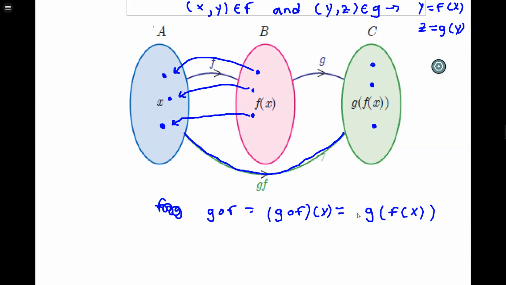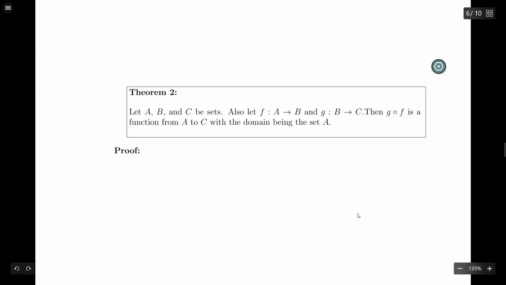But let's move on. Theorem 2 states, and this is where we're going to prove that g compose f is a function. So let A, B, and C be sets. Also let the function f be such that A maps to B, and the function g be such that B maps to C. Then g compose f is a function from A to C, with the domain being the set A. So we need to prove two things.